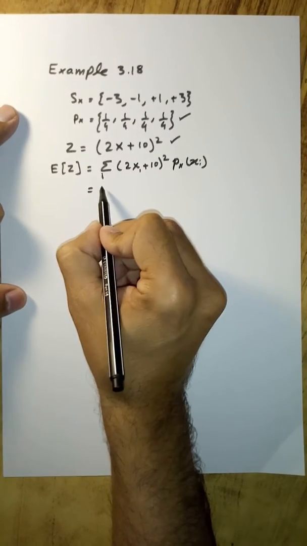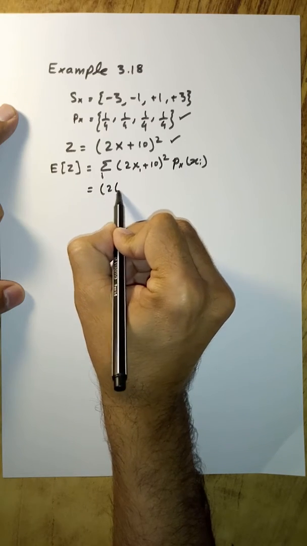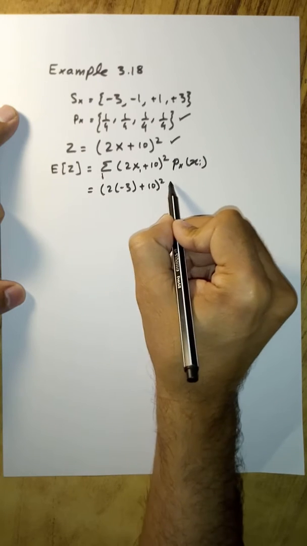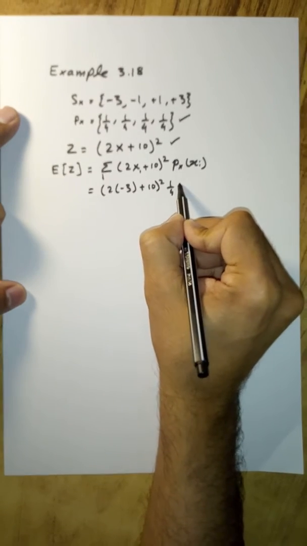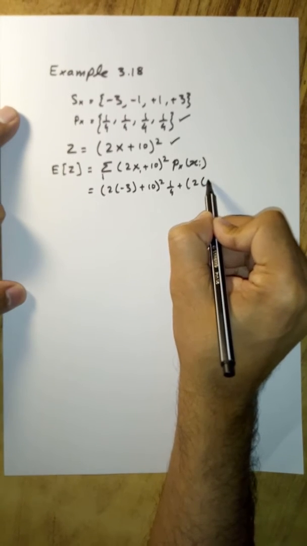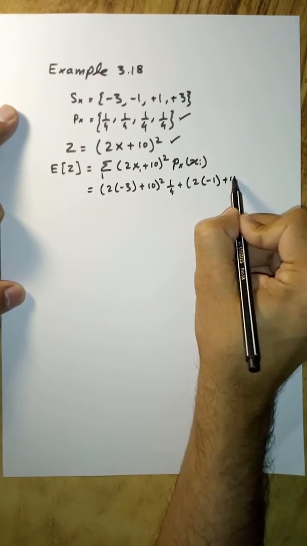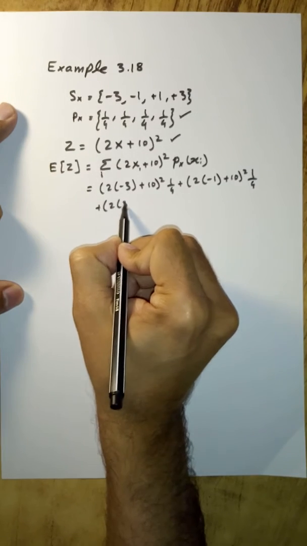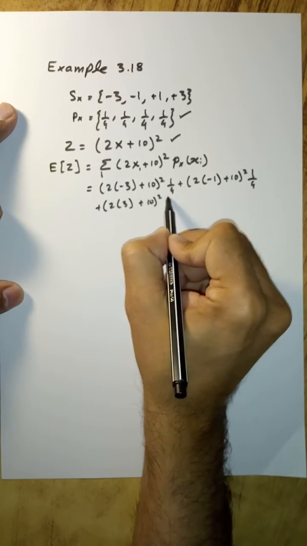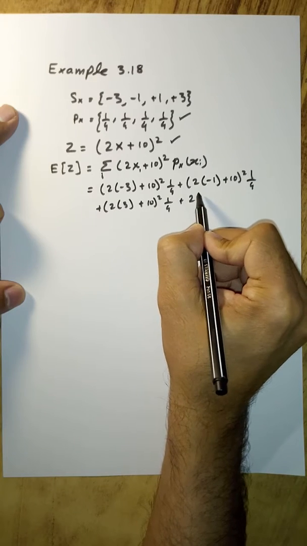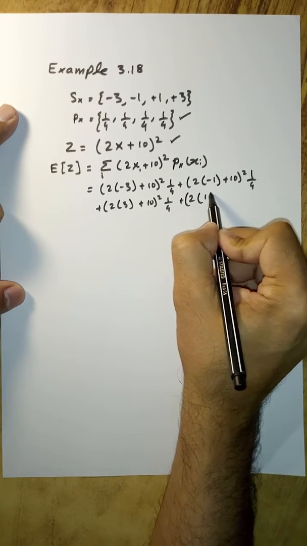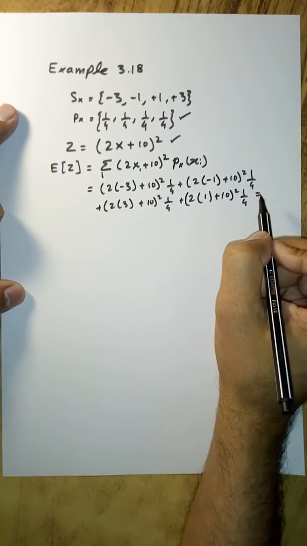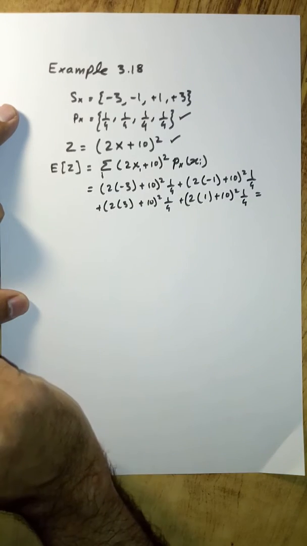So the first value is -3, so 2 into -3 plus 10 whole squared into 1/4, plus 2 into -1 plus 10 whole squared into 1/4, plus 2 into 3 plus 10 squared into 1/4, plus 2 into 1 plus 10 squared into 1/4. If we solve that, we will get the expected value of z, right?